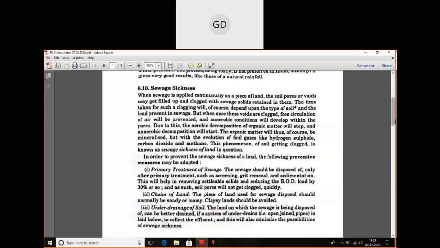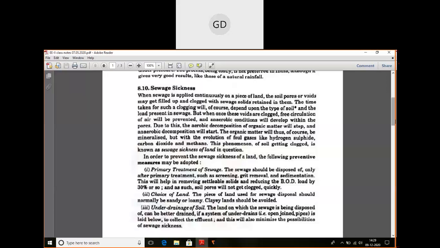The sewage should be disposed of only after primary treatment, like screening, grit removal and all. That will help in removing the settleable solids, and it will also reduce the BOD load by 30%. Because of that, the soil pores will not get clogged very quickly, because the primary treatment is already done.